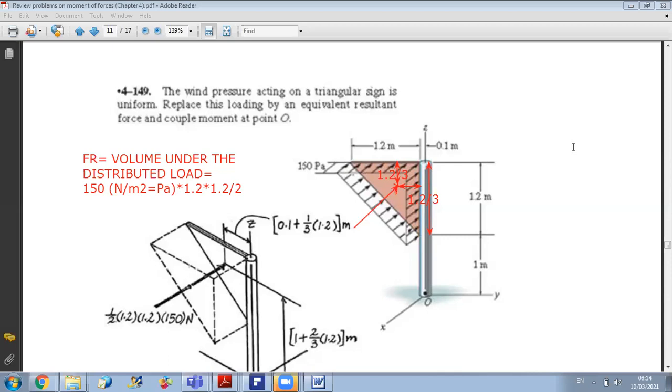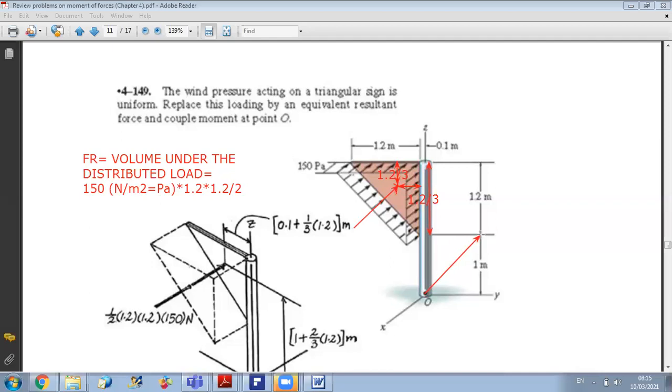Here, since we know the location of the equivalent force, we can deduce the resulting force and couple moment about any point we want. So if I want to reduce to O, first the resultant force is already calculated, so I can move the force to O. My force is parallel to the x-axis, so this is F resultant.